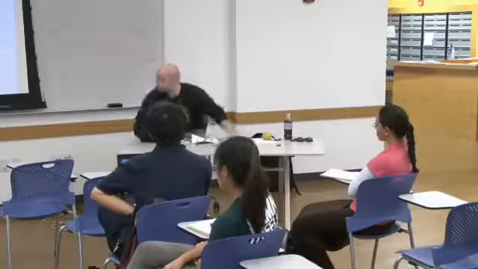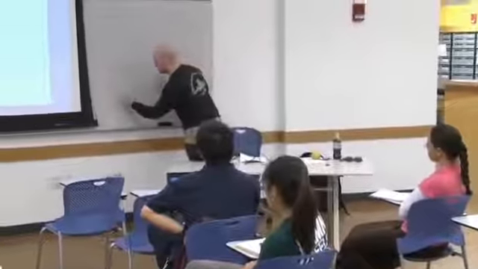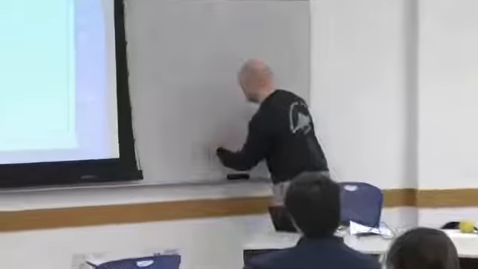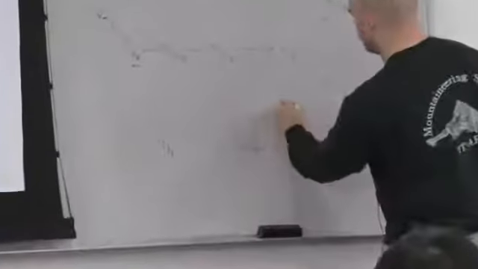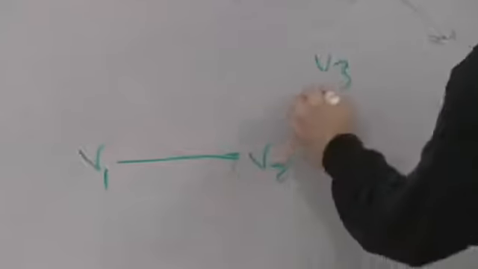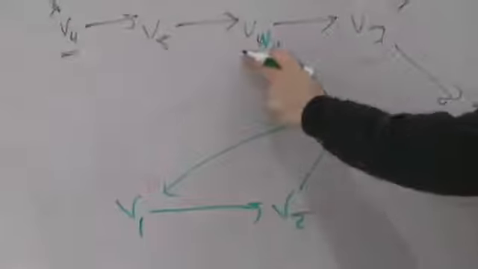Say, if we're on a path and I'm trying to figure out the shortest path from V1 to V4, and I'm using depth first. So depth first goes to V2, then to V3.